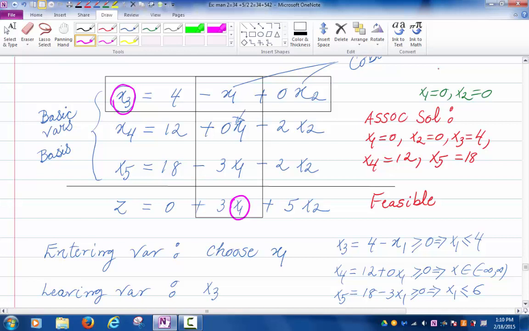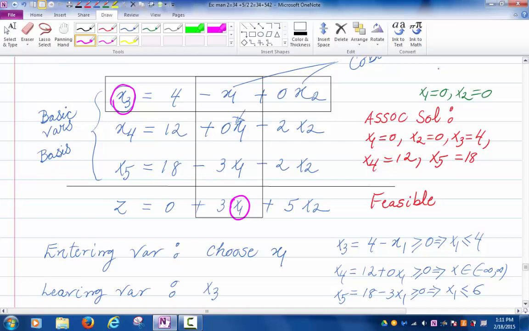I'm going to use the word annihilate: annihilate the coefficients of the entering variable in all the other equations except for the pivot row. What I mean by annihilate is reduce to 0. Am I making sense?